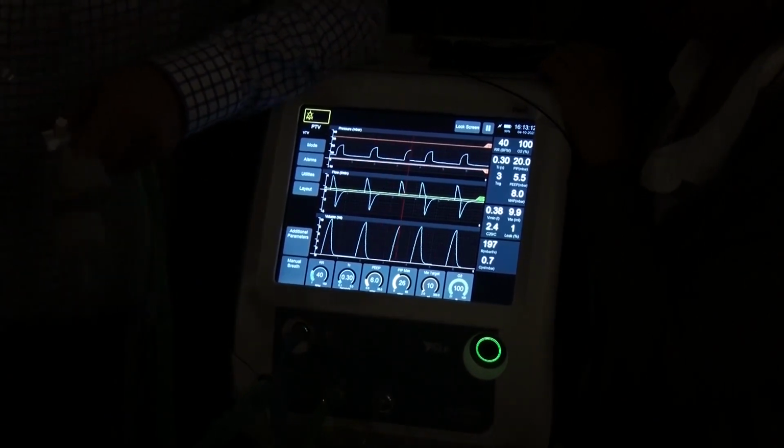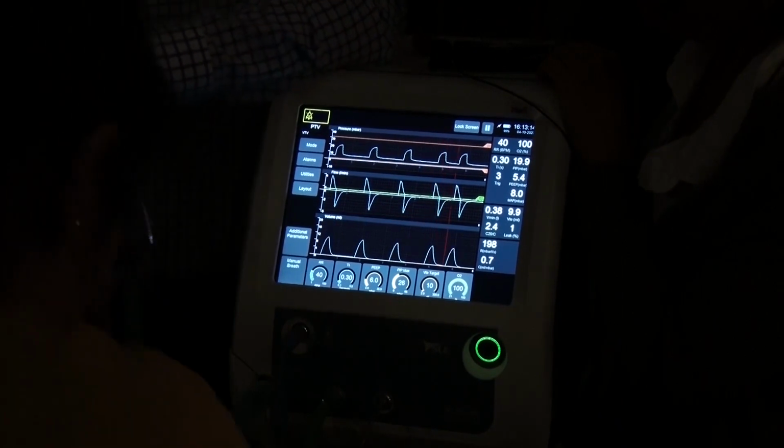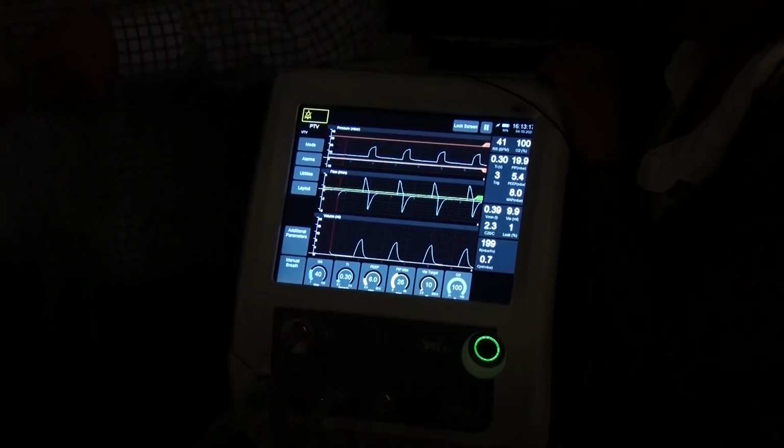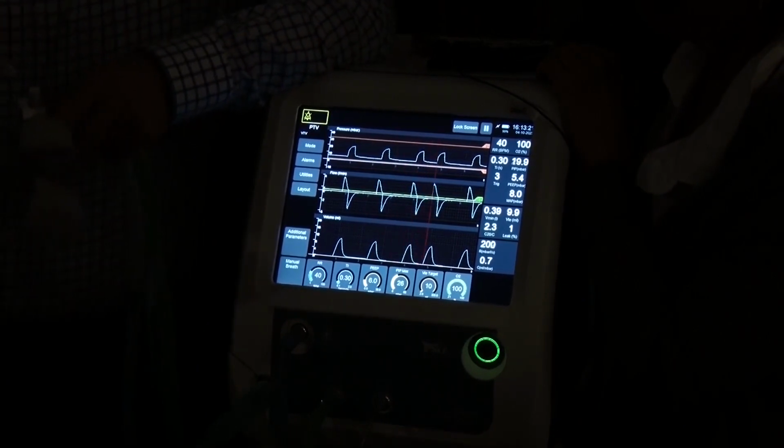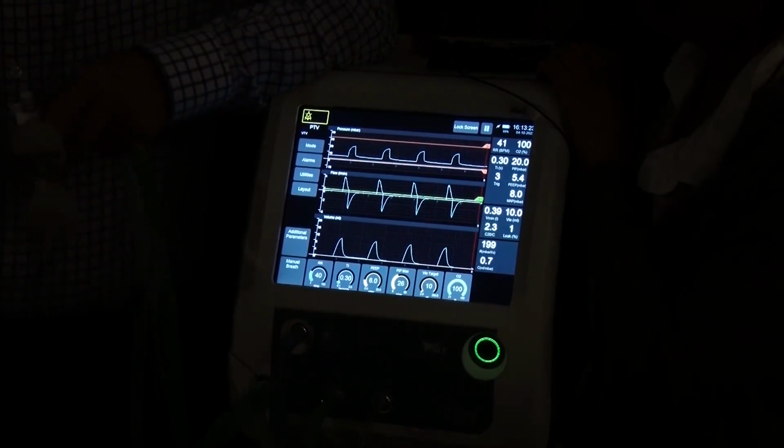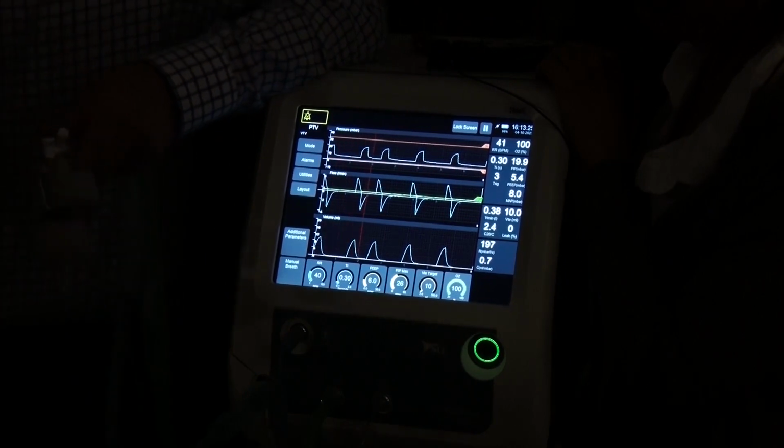So we don't have any large population studies of preterm babies. But I was saying yesterday, we have some data from term babies that normally when they're breathing they're about 4.5 mil per kilo. And it comes down to the dead space.